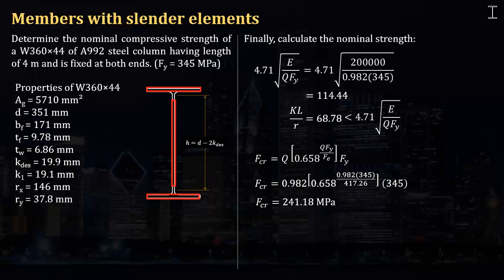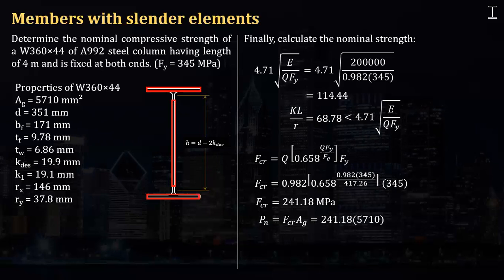The value of F that we used to solve b sub e was 244. So as you can see, it's now reduced to 241.18, and that should be it. It must be reduced kasi dangerous ito sa local buckling. That's the purpose of the reduction factor.